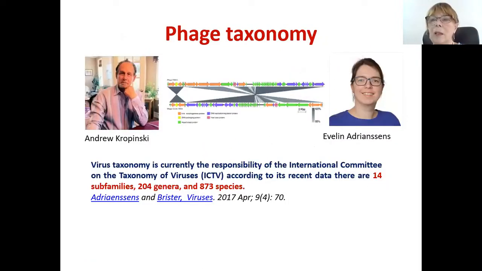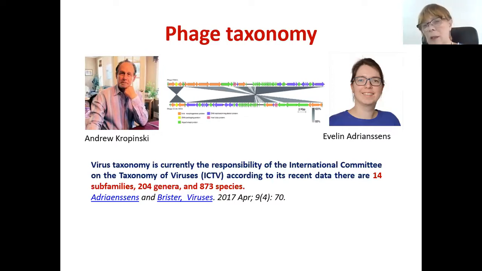Today, this morphological classification has changed, and all bacteriophage classification should be based on genome sequencing, and the initiator of this classification is Andrew Kropinski. Virus taxonomy is currently the responsibility of the International Committee on Taxonomy of Viruses, and according to the recent data of 2017, there are about 14 subfamilies, 204 genera, and 873 species.